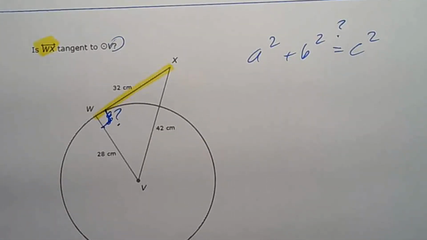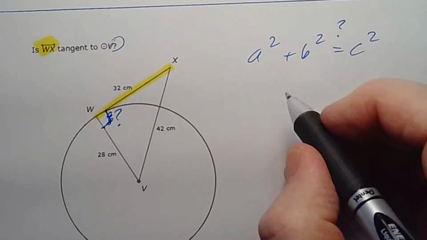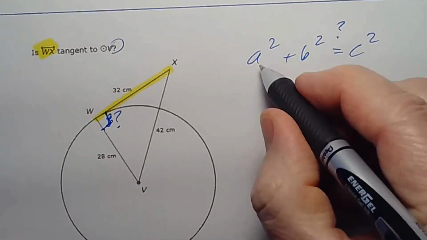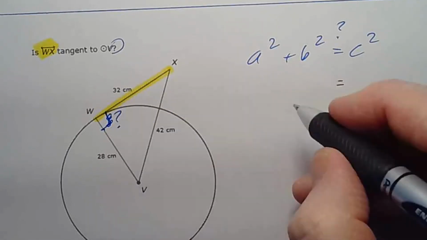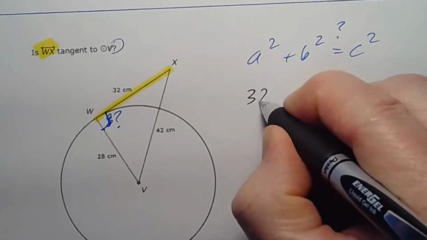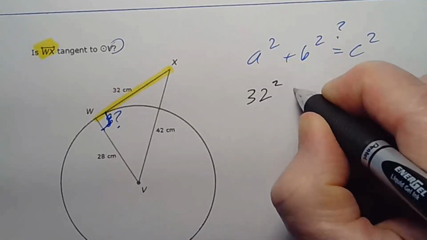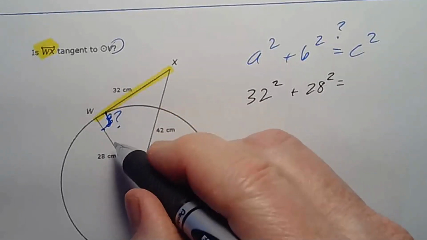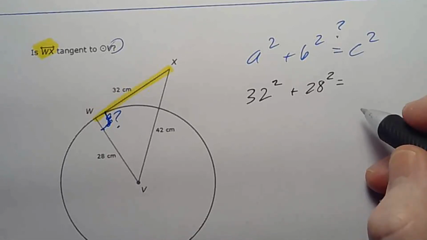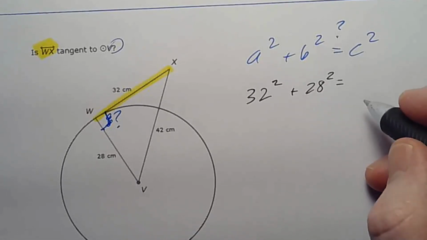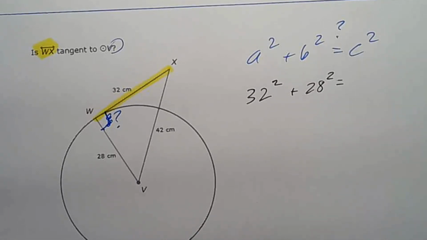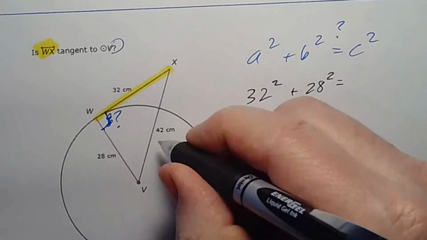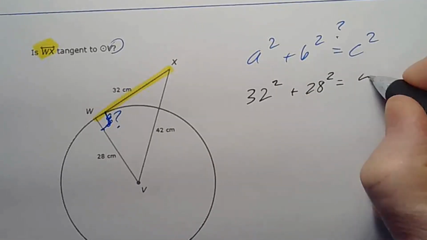If it doesn't, that tells me that it definitely is not a right triangle. So let's start putting in some numbers. A, I'm going to call this guy right here, 32. 32 squared plus 28 squared. These are the legs, or what we think are legs. Technically we can't call it a leg unless it's a right triangle, but they might be legs. And then finally, what might be the hypotenuse is 42.